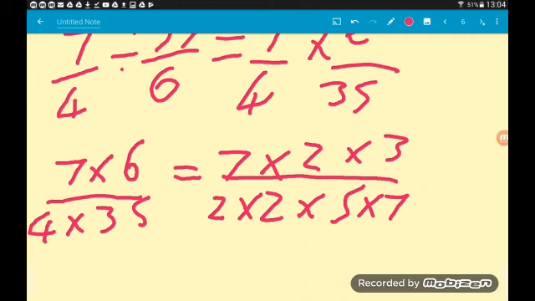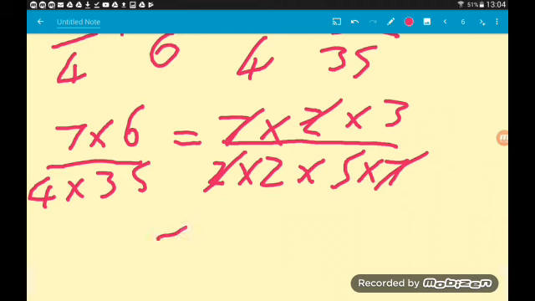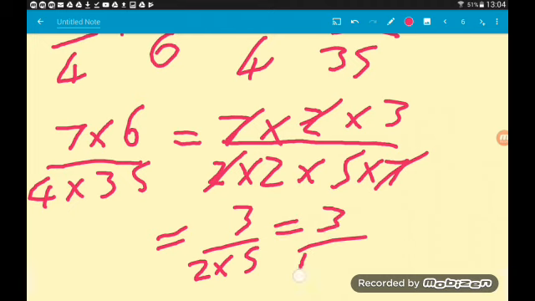We've got a common factor of 7 by 7. Then we've got one common factor of 2 by 2. So we're left with 3 over 2 times 5, which leaves us with 3 tenths in its simplest form.